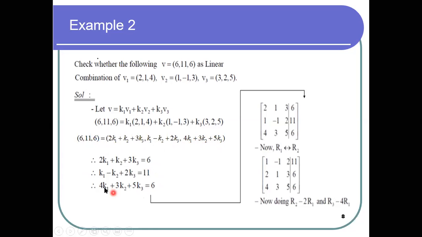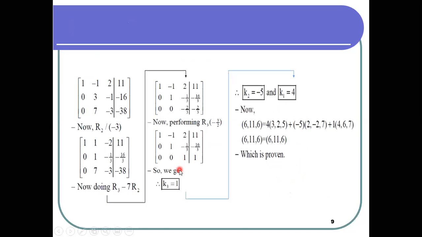In that case, we get a system of equations in terms of Ki, and we solve this with the help of echelon or reduced echelon form. If you can see from this one, we get K3 is 1, K2 is -5, and K1 is 4.